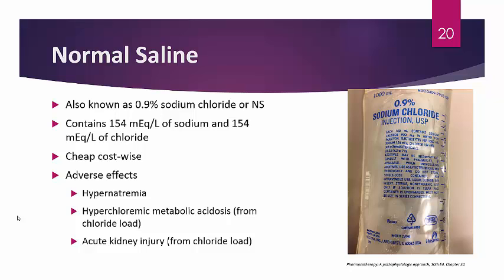Typically we think of the normal range of sodium as between 135 and 150 milliequivalents per liter, and chloride as anywhere between 95 and probably 105 or 110 milliequivalents per liter. This will be important to realize whenever we talk about the adverse effects shortly.